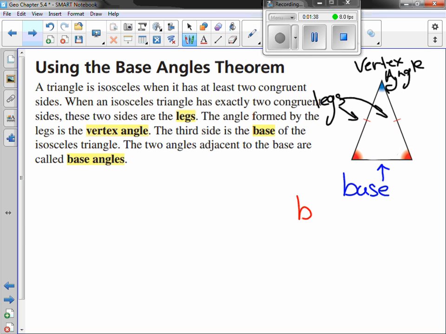Interestingly enough, they call the other two angles base angles. The two angles that are touching the base are called the base angles.